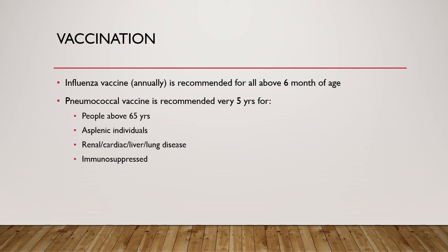And pneumococcal vaccine is not recommended for everybody. It's recommended for certain high-risk people, and it is effective for the next 5 years. So people who are above 65 years of age, people who are anatomically or functionally asplenic, like patients with sickle cell disease, and patients with renal, cardiac, liver, or lung disease, those immunosuppressed for any reason, whether it be HIV or malignancy, hematologic malignancies, other malignancies, or diabetes.